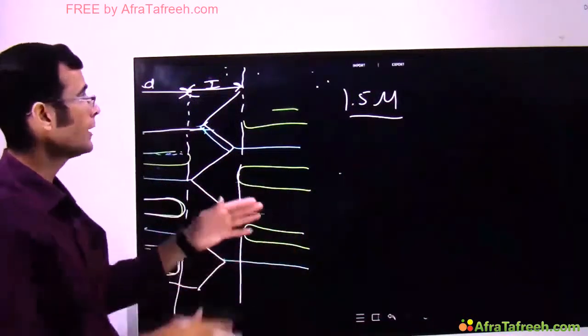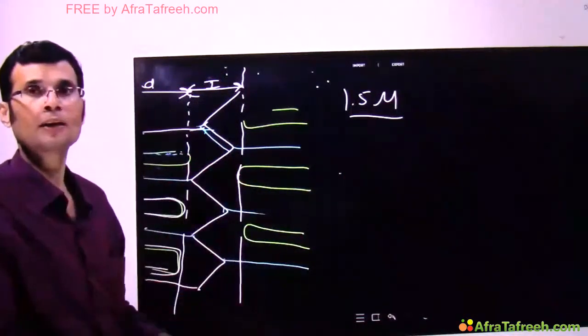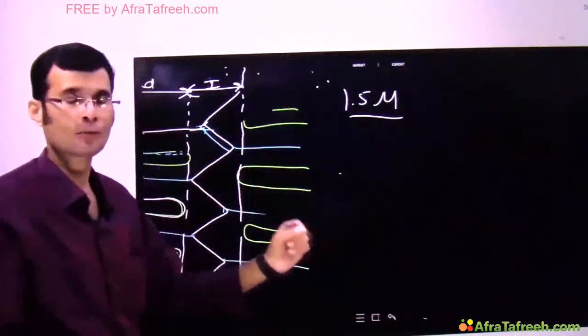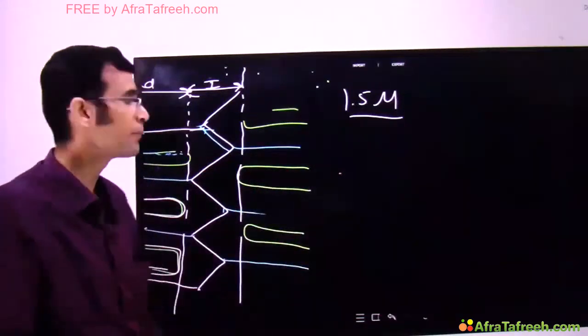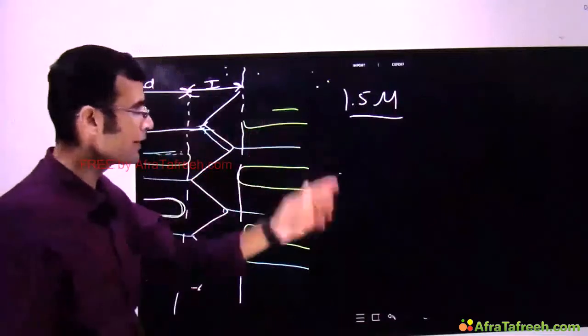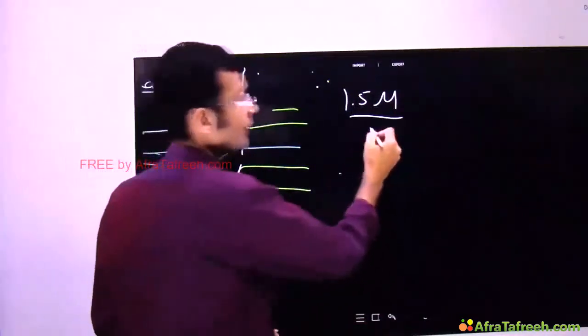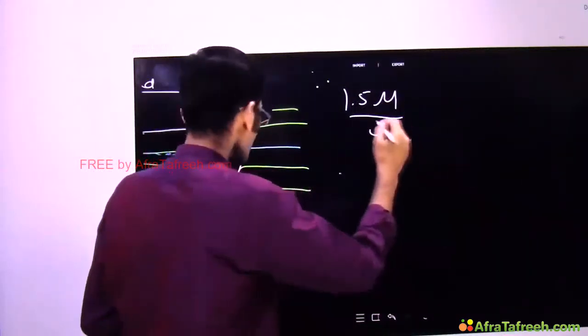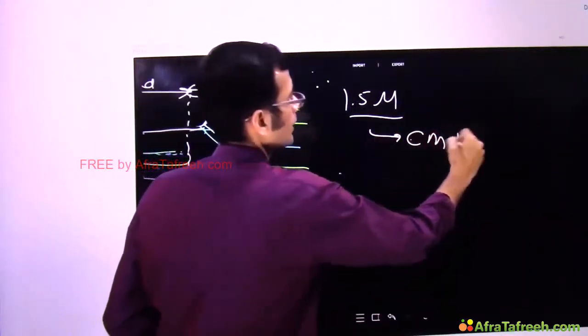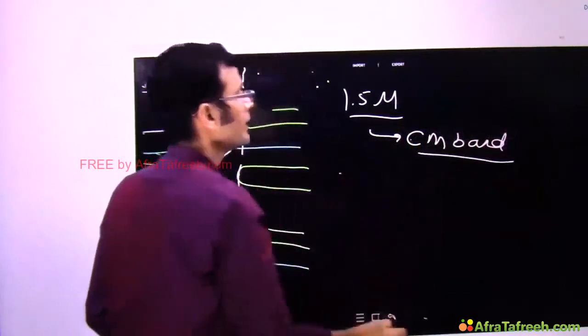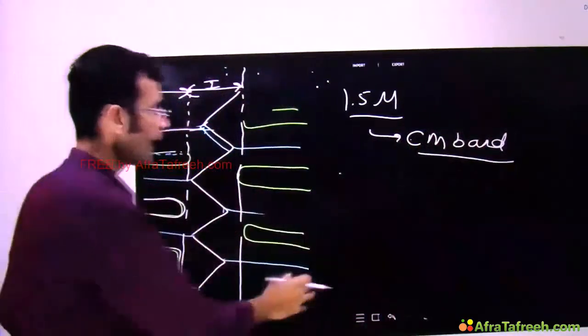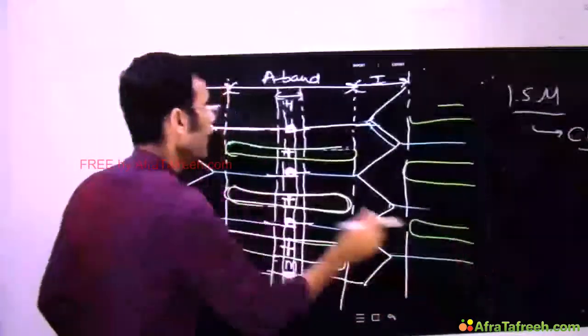Earlier we discussed the initial length of the sarcomere when the muscle was resting or about to start its contraction. Now we are talking about the contracted length of the sarcomere. At 1.5 micron length of the sarcomere, a new band will appear which is called the CM band. C stands for contraction, and the M line is now converted to the M band.